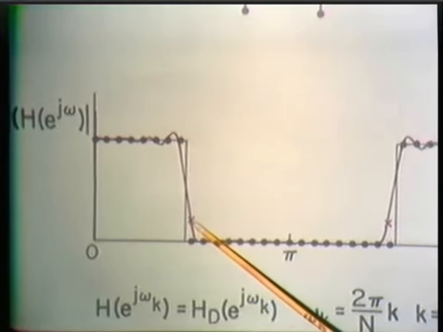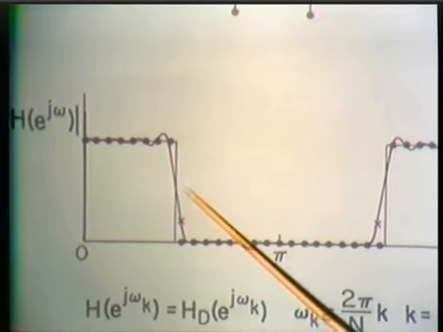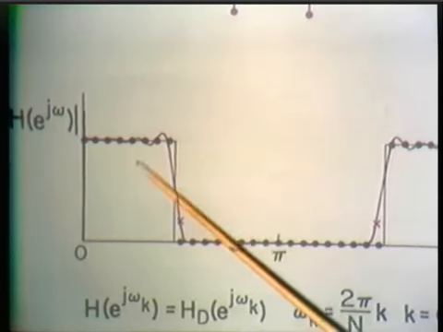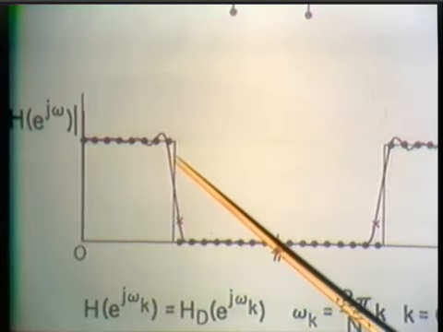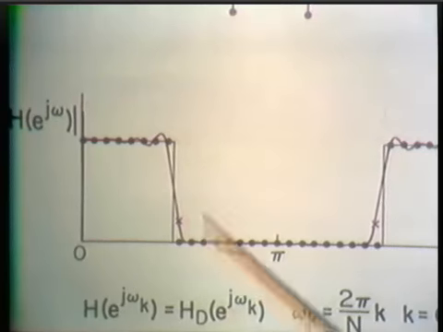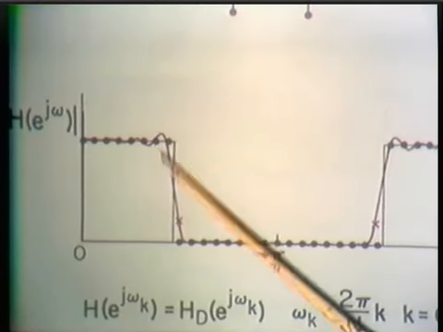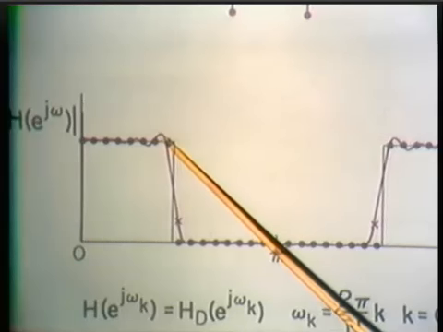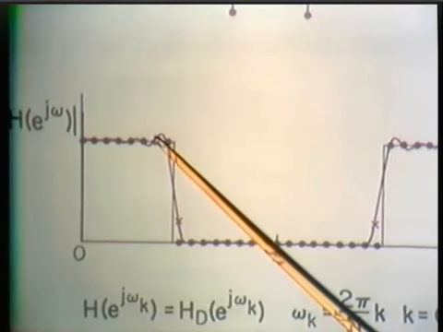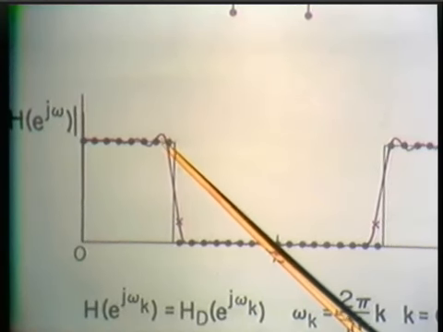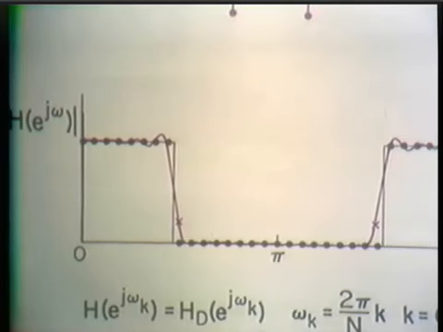As we allow this transition point to move farther up into the transition band, basically widening the general passband region, what we'll see is that the passband ripple becomes somewhat smaller, and there in fact is a trade-off that is introduced between the passband ripple and the stop band ripple.